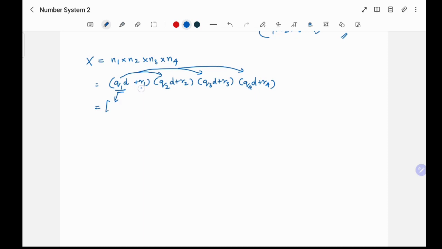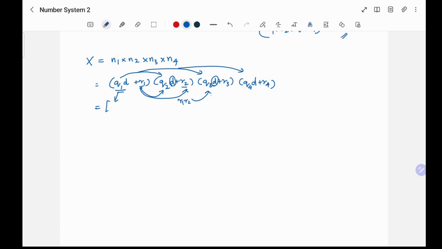So this will fall under divisibility of d. Now if you take r1 into this number, again this has d, so it will be a multiple of d. So again this will not come into the remainder part. So r1 into r2 let's take. Now still we don't know if it is divisible by d, so we consider r1 into r2. Now again we take this and go to q3 into d.